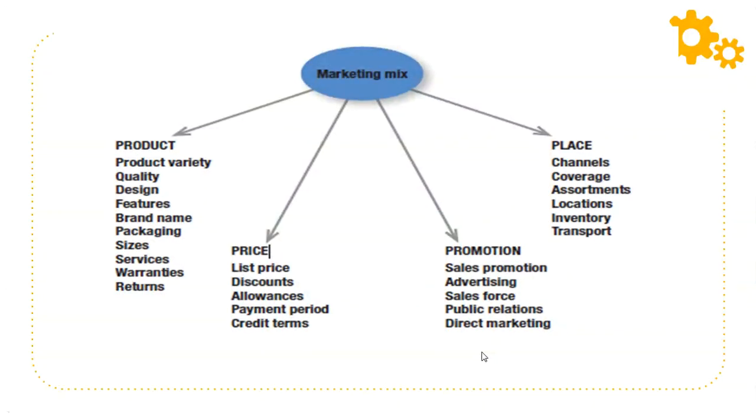We'll discuss 4 P's in detail. So, in product, there are so many subparts which you have to think upon while deciding your marketing strategy. So, first is product varieties. What type of product varieties you have, and how you are comparing it with your competitor.